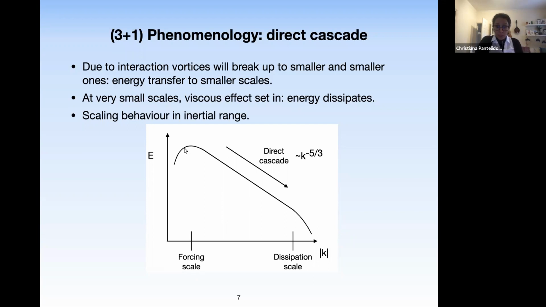So we have to continuously introduce vortices at this forcing scale here. These vortices will continuously break into smaller and smaller ones, transferring energy to higher and higher scales. And then, of course, at the dissipation scale, small vortices will continuously be removed. So we have a continuous cycle here, and we get a steady state.